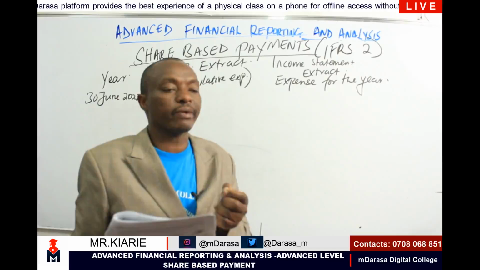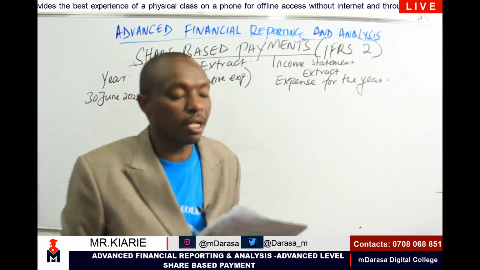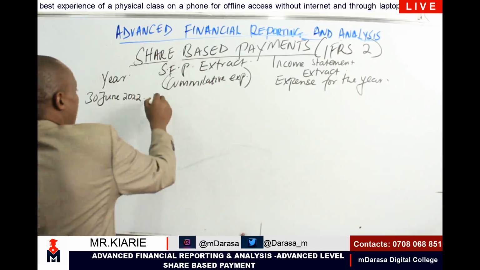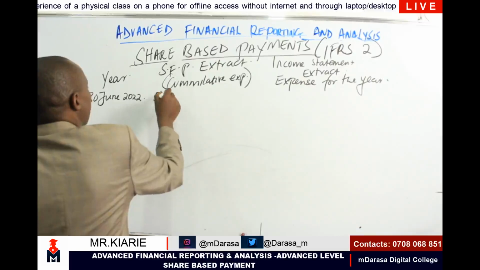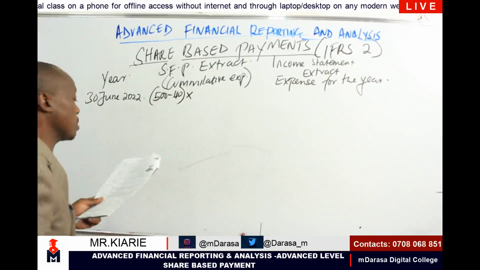Therefore, out of the 500 employees, if 40 employees leave, you'll be left with 460 employees, which is 500 minus 40, times the number of options being granted.